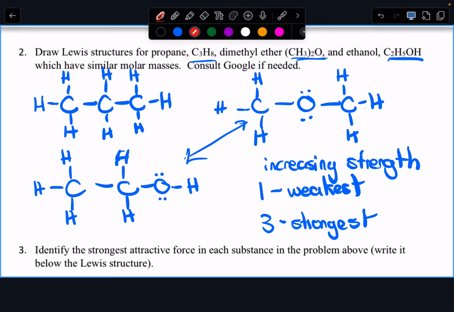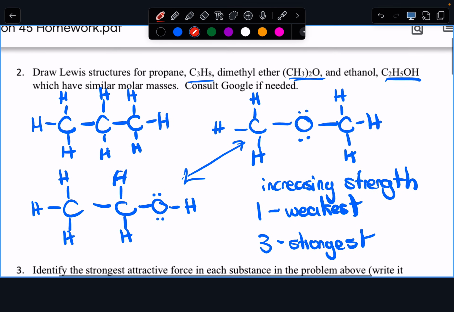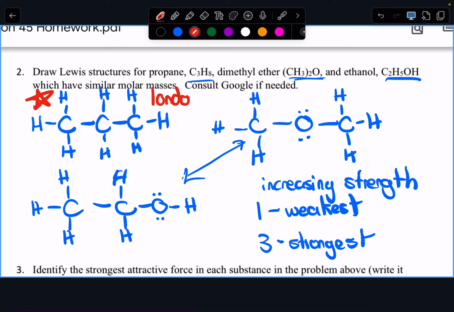So if you had compounds that were all induced dipole forces, which this one is, we'll say London because it's easier to write, so this is just London forces, and you're comparing 2 or 3 different molecules, then you need to look at the molar masses. But in this instance, that isn't really relevant because this one is dipole-dipole and this one is hydrogen bonding.